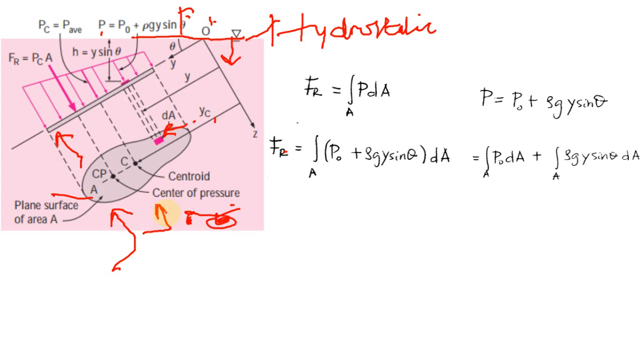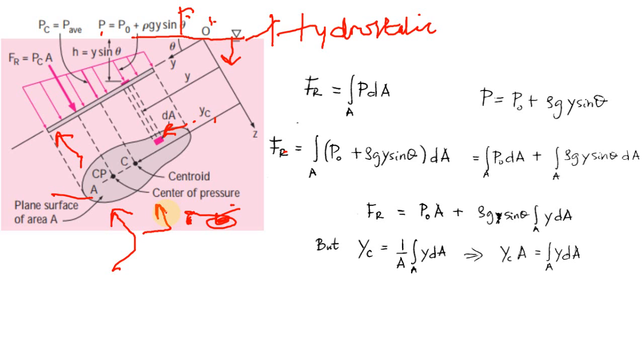Just distributing this integration over the two terms, P naught is constant, so the integration of P naught dA would be P naught A. And rho g is constant, and sine theta is also constant because the angle theta is constant, leaving the integration of y dA over the whole area.